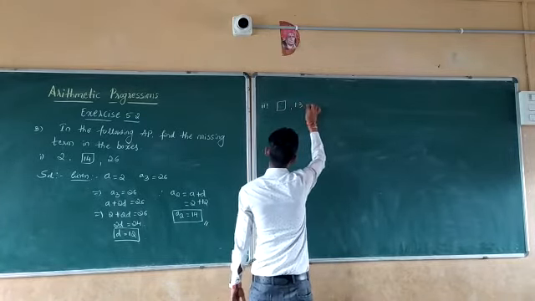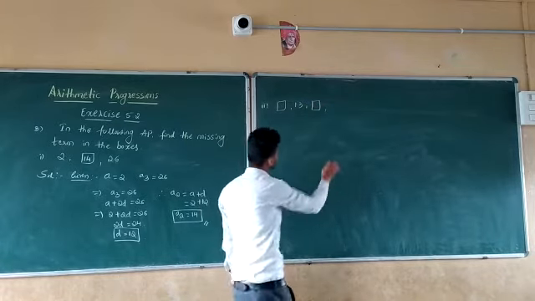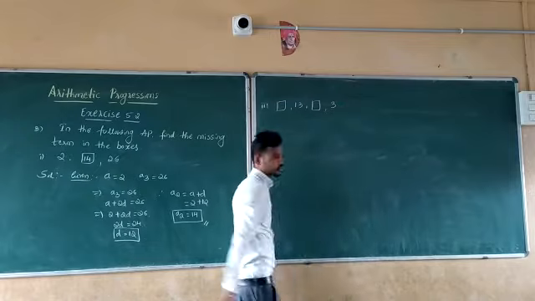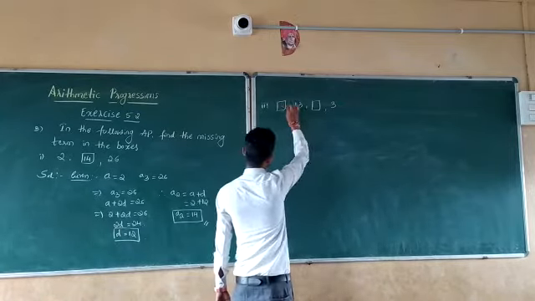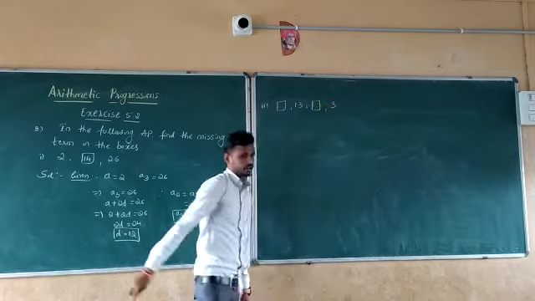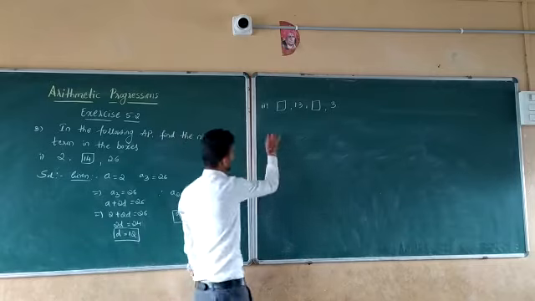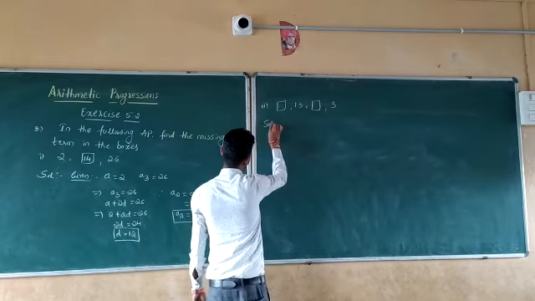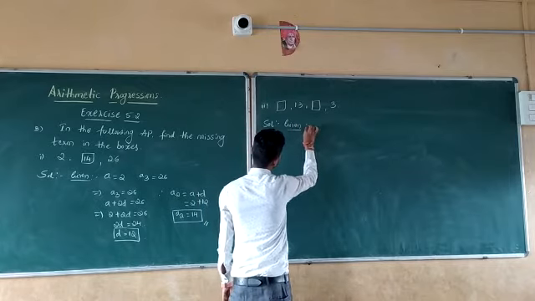The second question is 30, blank, 3. So here you need to find the first term a and the third term a3. Let us first write what is given.